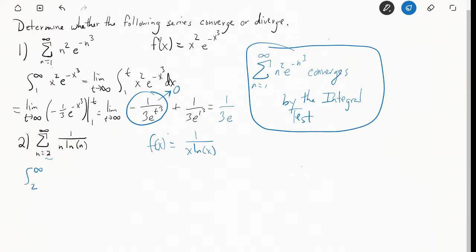Can anyone tell me why it's 2? Why didn't we start this thing at 1? And just setting this thing up, I'll change the infinity to a limit as t approaches infinity.